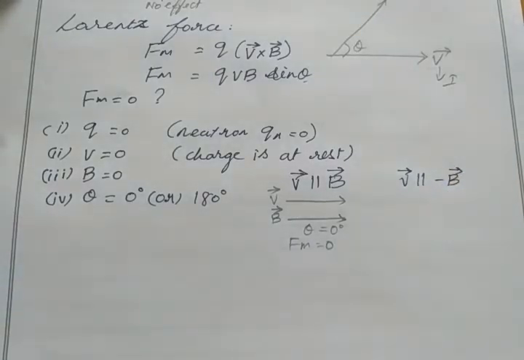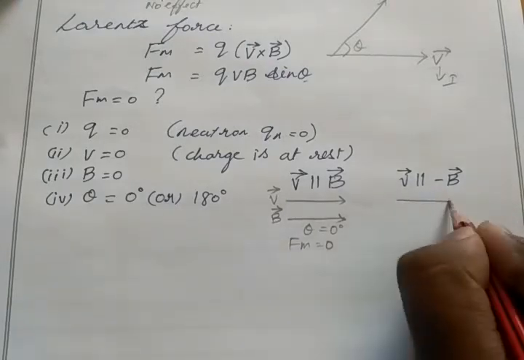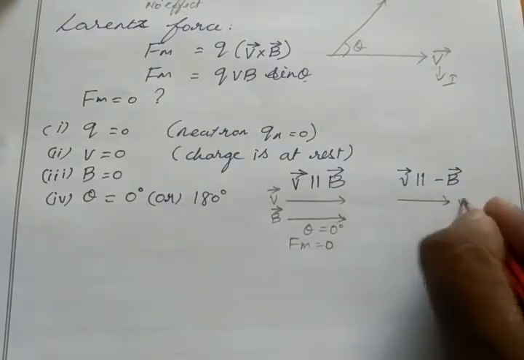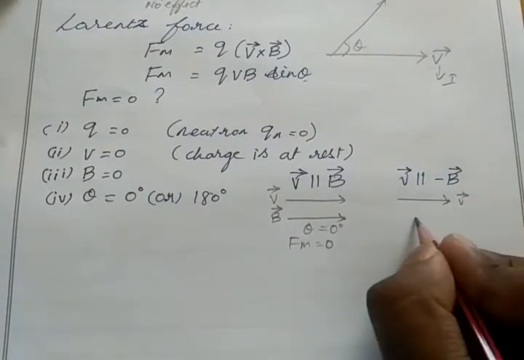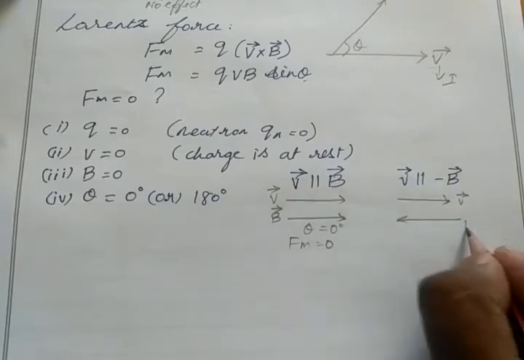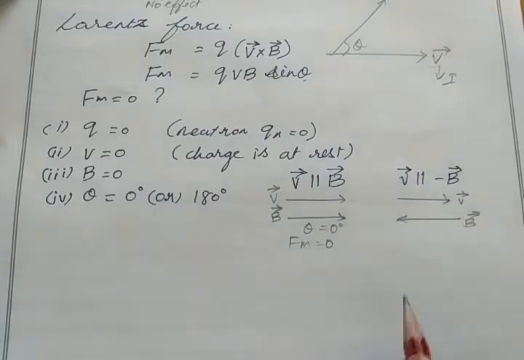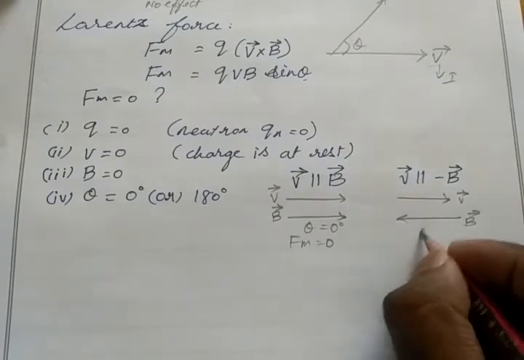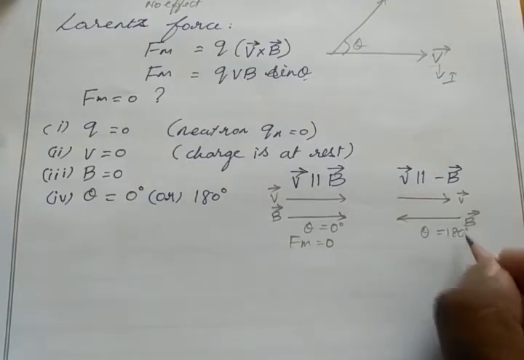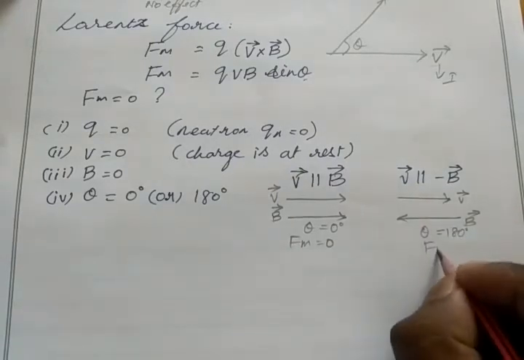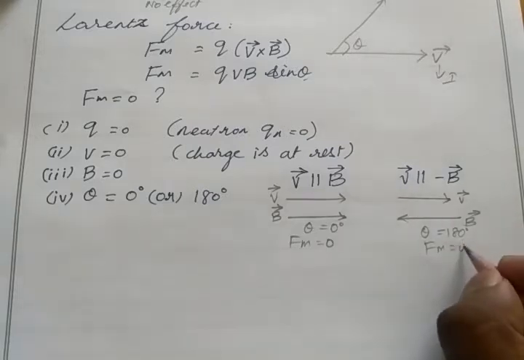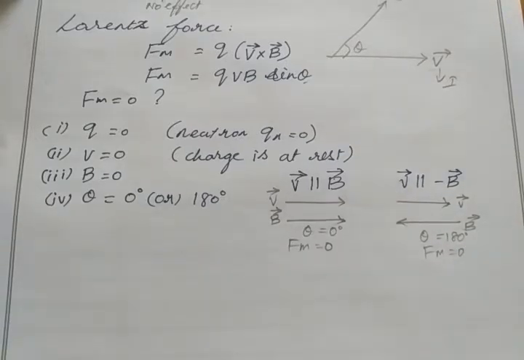Anti-parallel to magnetic field means this is the direction of movement of charge and this is the direction of magnetic field. So both are in opposite directions. Here theta will be equal to 180 degree. So my Fm will be equal to 0. Is it clear? Okay.